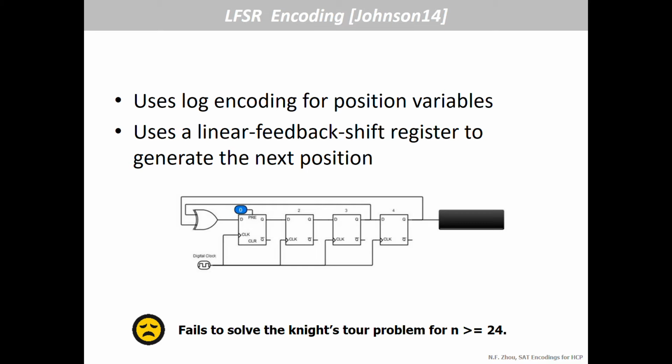Recently, Andrew Johnson proposed an encoding called LFSR encoding, which is very compact, uses log encoding for position variables, and uses a linear feedback shift register to generate the next position. This encoding is able to solve the Neng-Fa problem for size 22, but does not scale well.